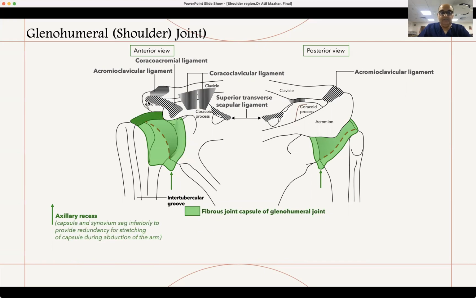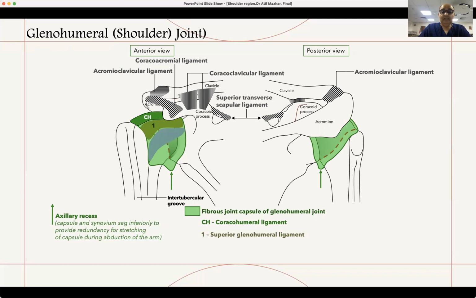Now, these are the reinforcing structures. Who's this? This is the coracohumeral ligament. These ligaments are present inside this capsule. I'm showing you outside just for your understanding, because all these ligaments are reinforcing, strengthening this capsule. And then there is another one with a different color. So this is superior in location between glenoid and humerus, the superior glenohumeral ligament.